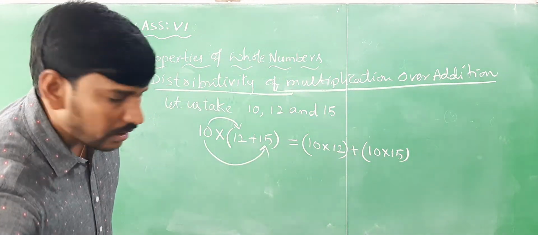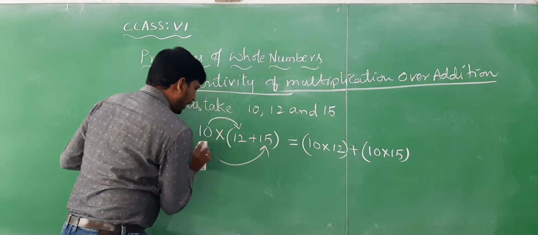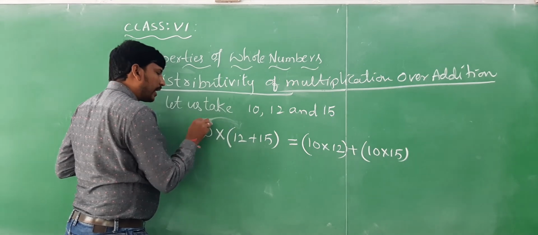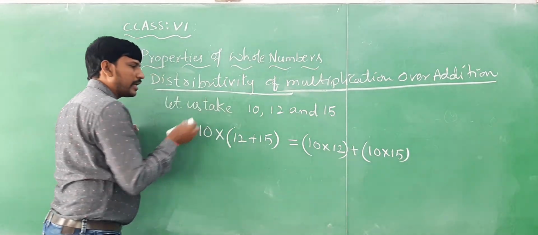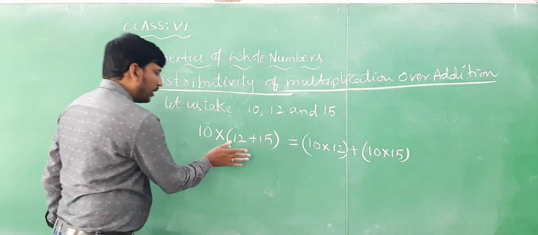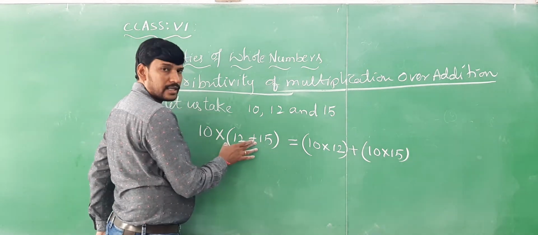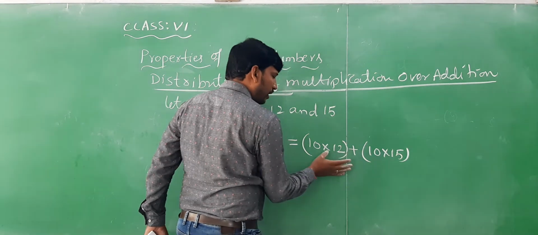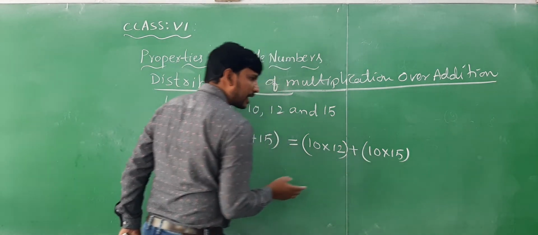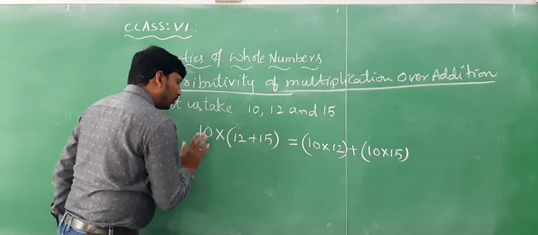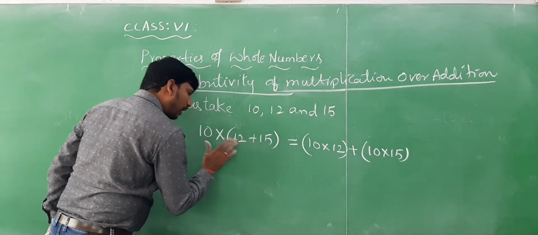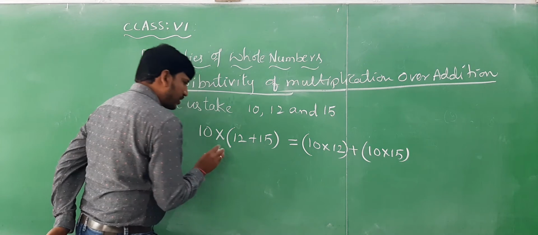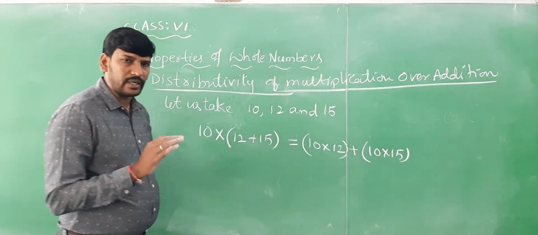So here in the left hand side, 10 into 12 plus 15. In the right hand side, 10 into 12 plus 10 into 15. Here only one multiplication, one addition. But coming to here, there are two multiplication signs because I distributed this 10 to 12 as well as 15 also.